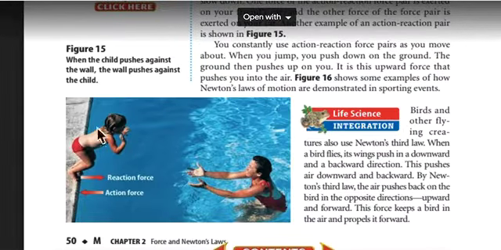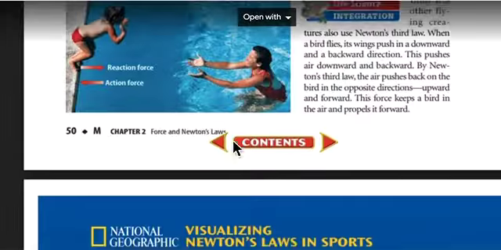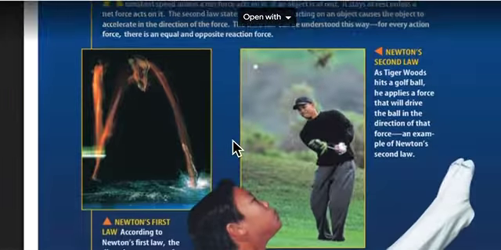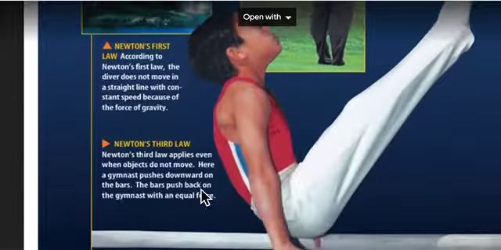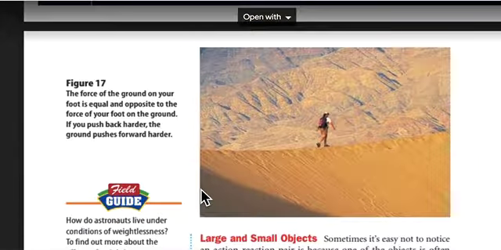Child jumping off the side into a pool. Of course, the Earth's not going to move noticeably as the push is applied, but the child has much less mass or inertia than the Earth itself, so the child bounces right over. Visualizing first, second, and third law. Keep in mind, as you walk, you push on the Earth.